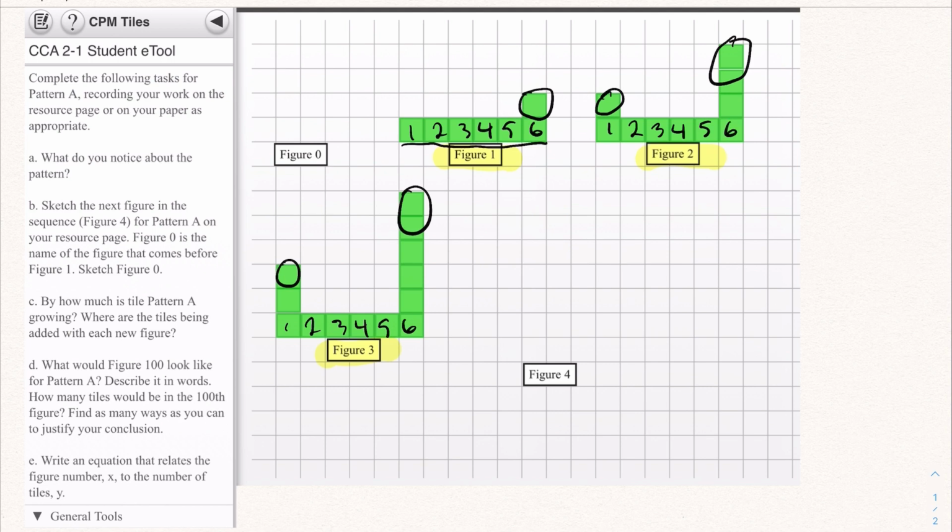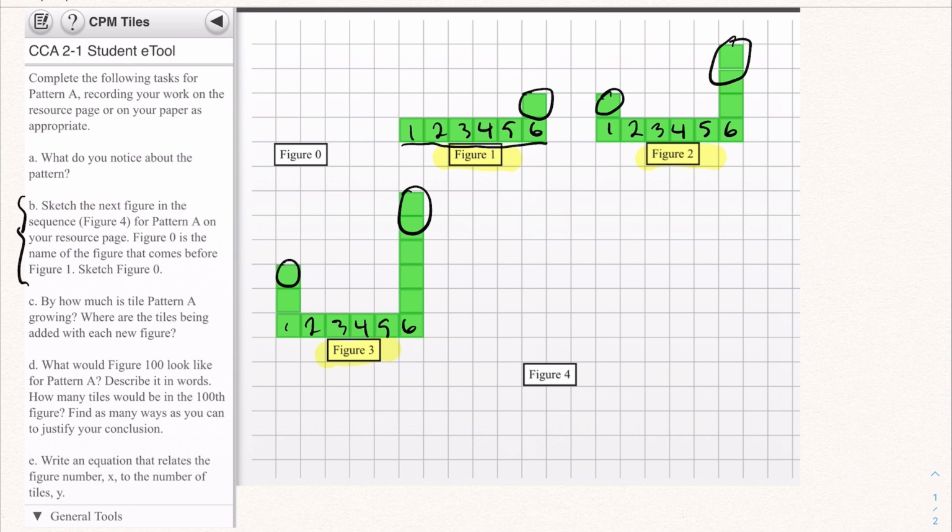So there's always 6 tiles on the bottom. It's just that we are adding tiles on the right side and the left side. So if the left side is always growing by 1 and the right side's always growing by 2, part B says sketch the next figure in the sequence, so figure 4 for pattern A, on the resource page.